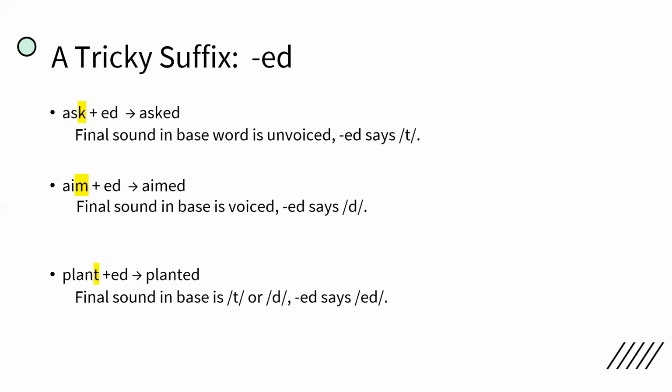Then when you look at a base word like plant, it already ends in t. So anytime a base word ends in t or d, the ed will have to say ed. So that's how you can tell which sound the ed will make when we're talking about forming a derivative.